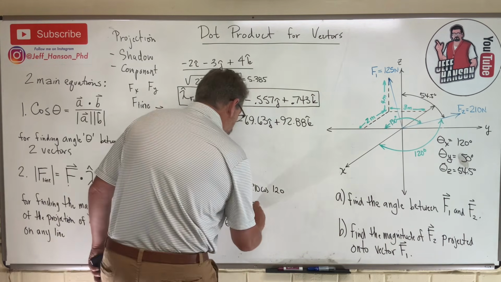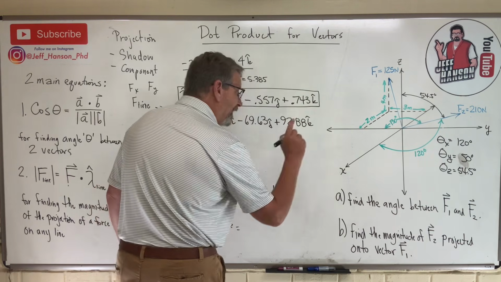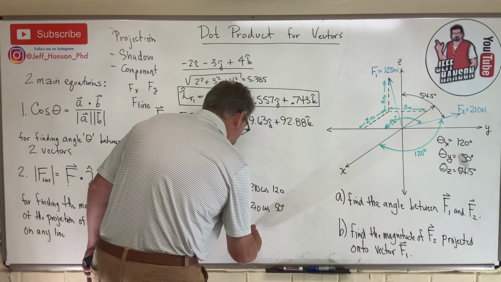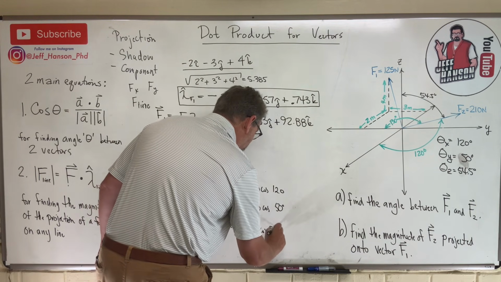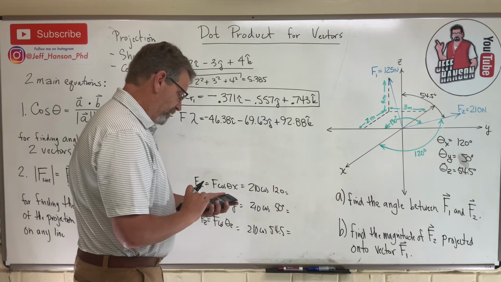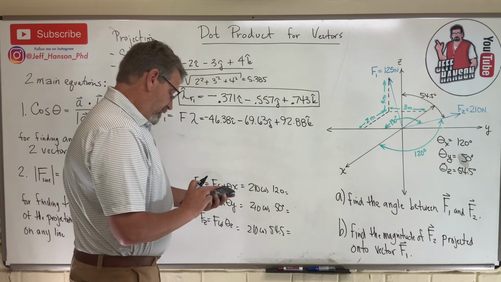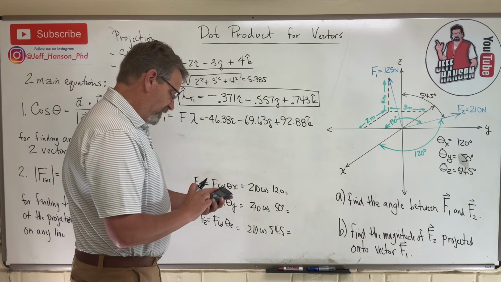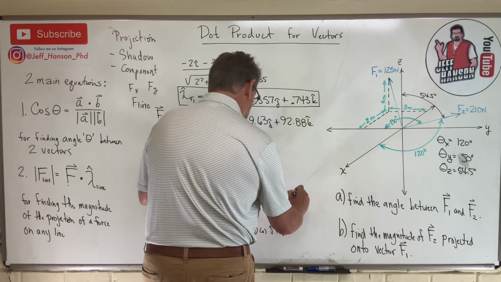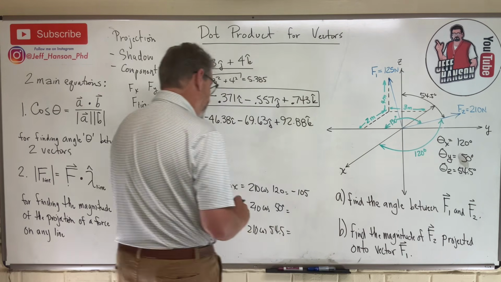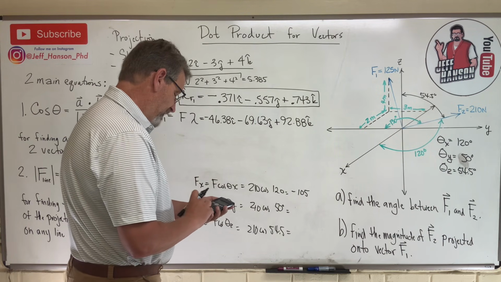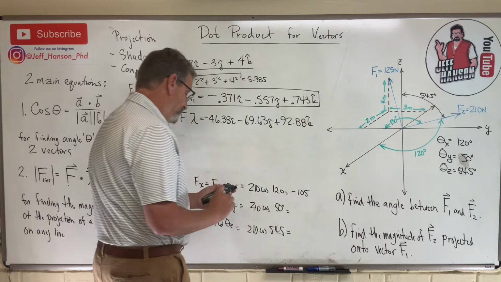The next one, 210 cosine theta y, 50 degrees, positive answer. Theta z, 210 cosine 54.5, positive answer. Okay, so let's get those components here. 210 times the cosine of 120 is negative 105. And then 210 cos 50 is 135.